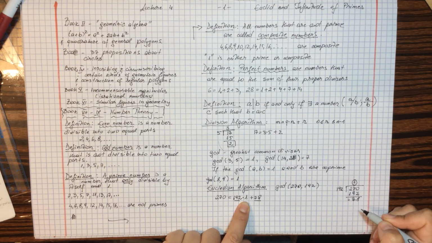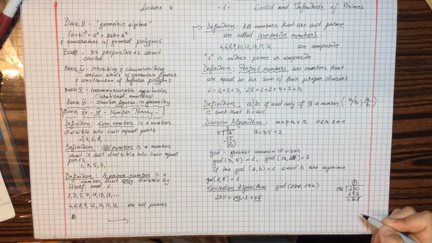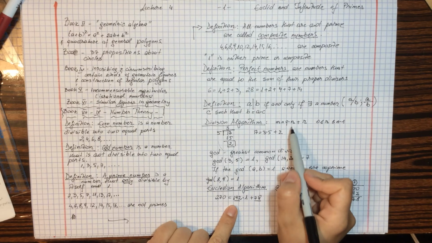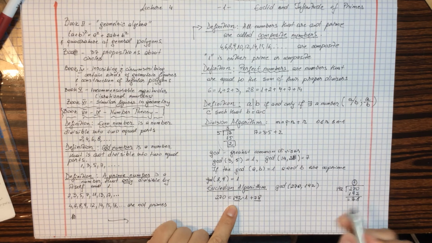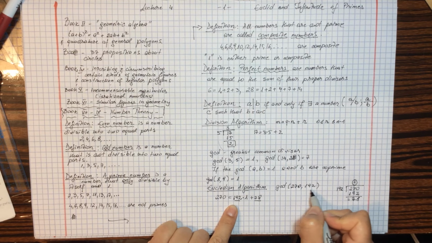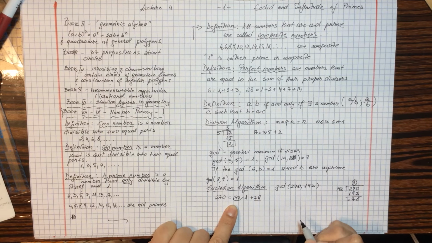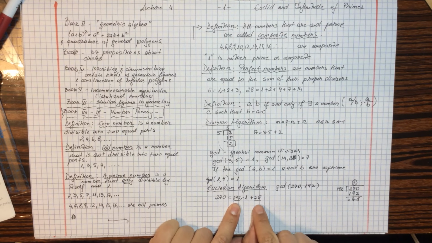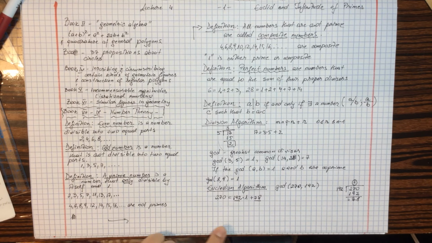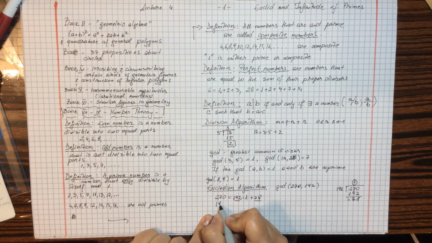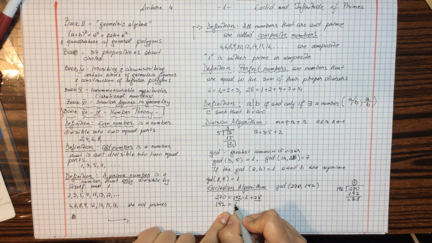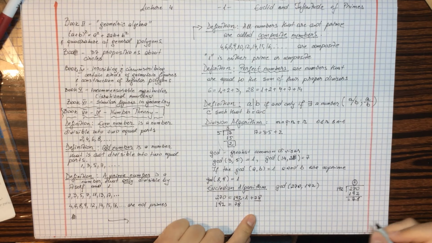You look at the number you originally divided 270 by, 192, and the remainder 78. Obviously, 78 is less than 192. So you perform the division algorithm once again with these two numbers. You are going to divide 192 by 78 and see what you get.